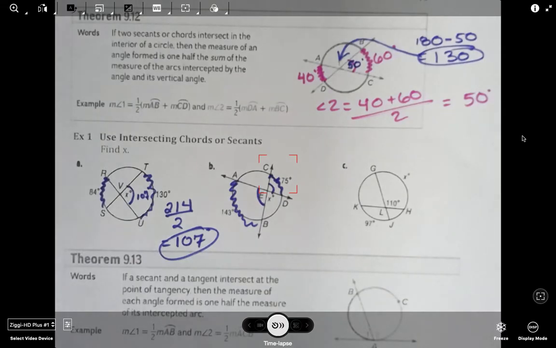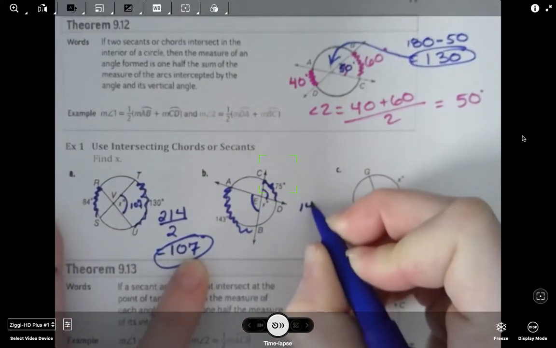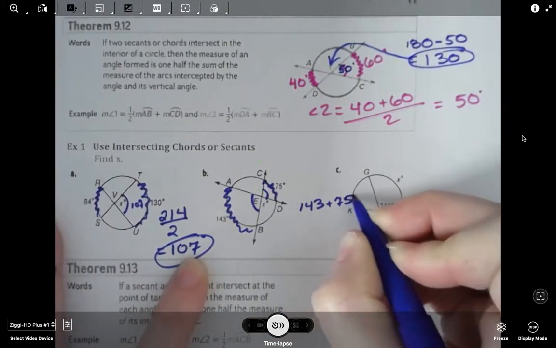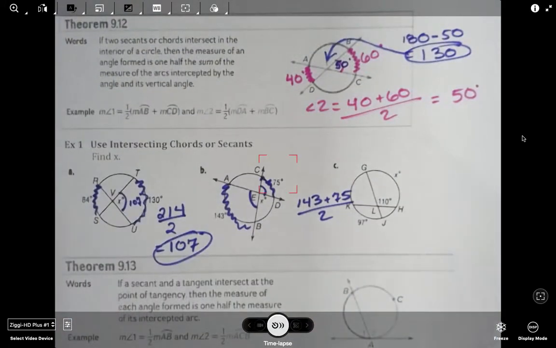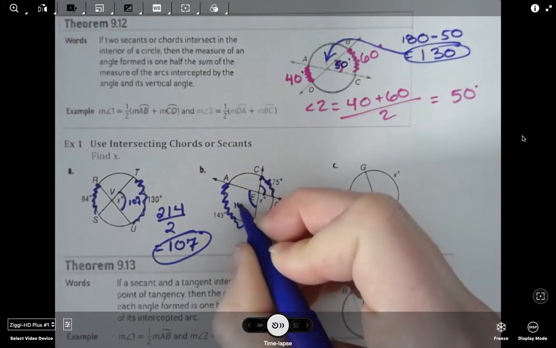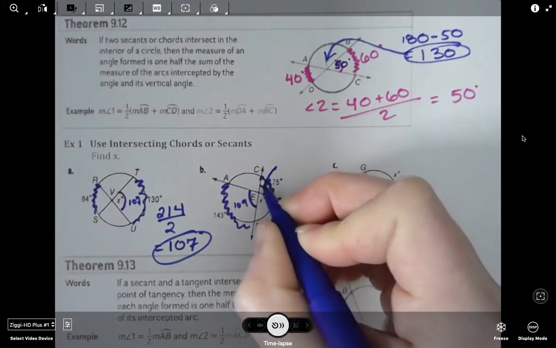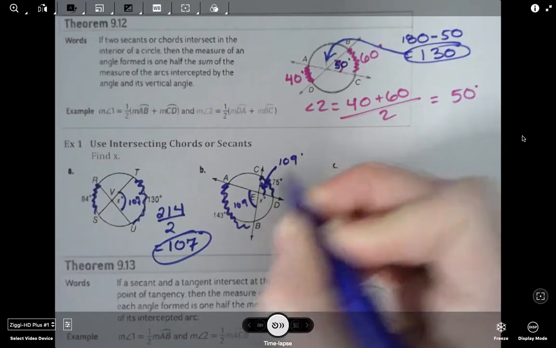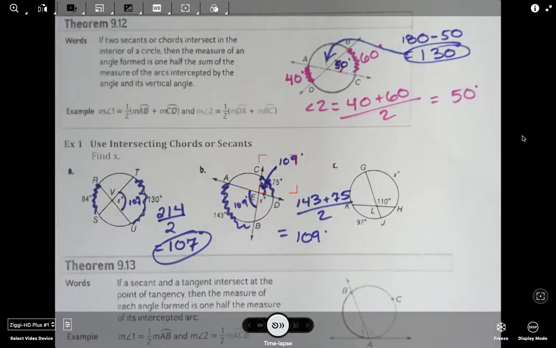So we're still going to do the average. We're going to do 143 plus 75 divided by 2. What does that make? 109, okay? So this guy's 109 and this guy's 109. How do I know that those two are the same, by the way? You know what those two types of angles are called, across each other like that?